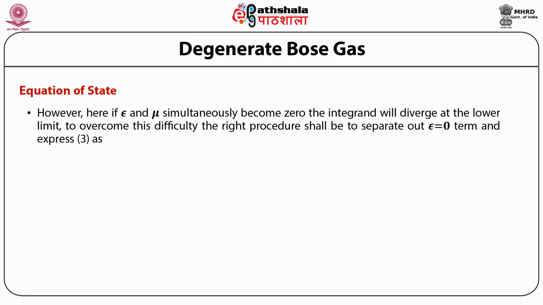However, here if epsilon and mu simultaneously become 0, the integrand will diverge at the lower limit.